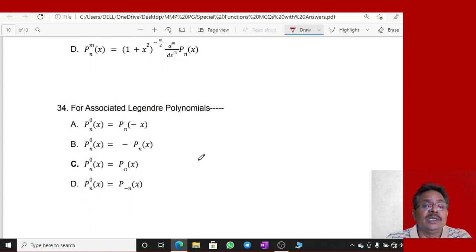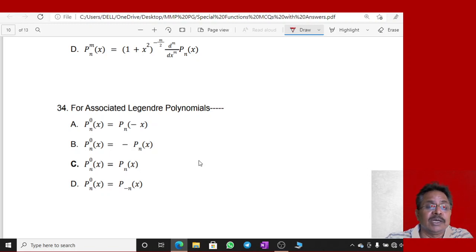For associated Legendre polynomials, option A is Pn0(x) = Pn(−x), option B is Pn0(x) = −Pn(x), option C is Pn0(x) = Pn(x), and option D is Pn0(x) = P−n(x).